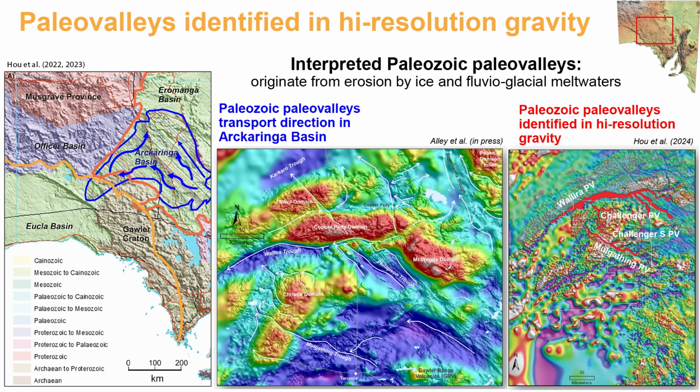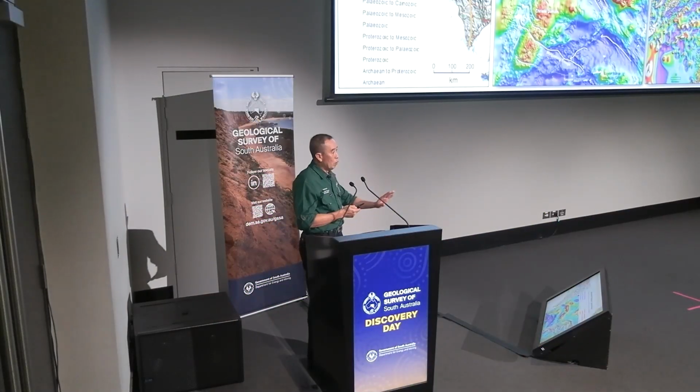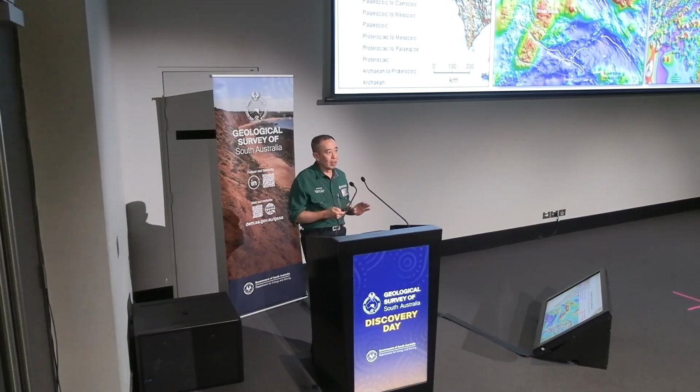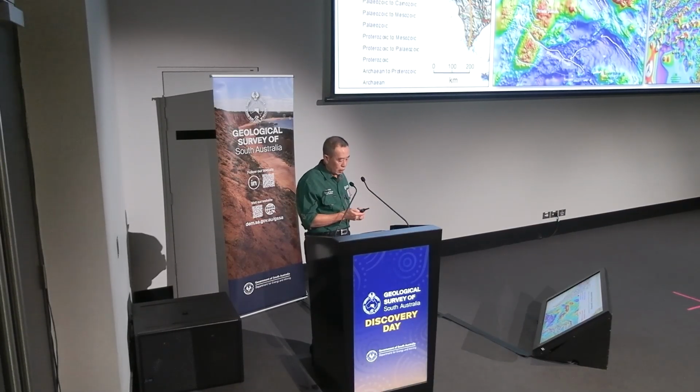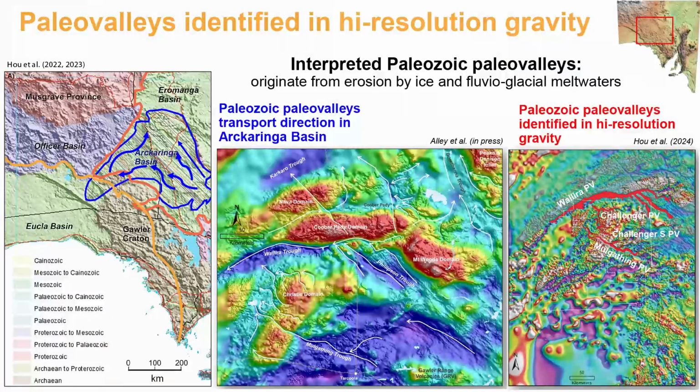Last year, we worked on four new paleovalley names, and we worked out that these paleovalleys mostly follow the glacial flow. Regionally, they flow from this direction to this direction, because by that time the Gawler Range area was an island area, and most of these paleovalleys just follow the topographic low.